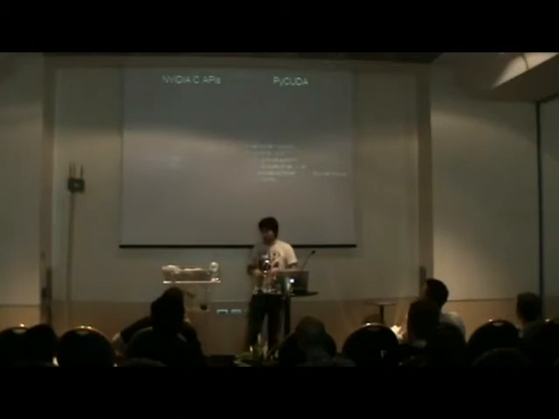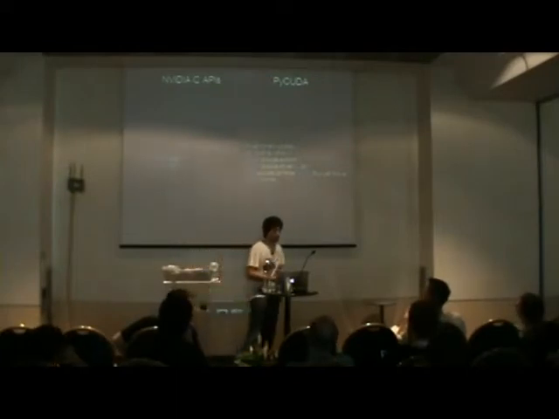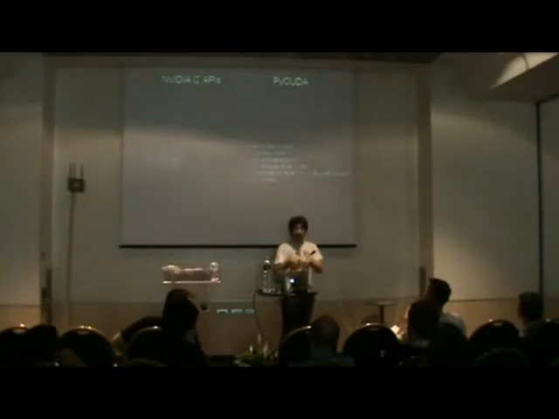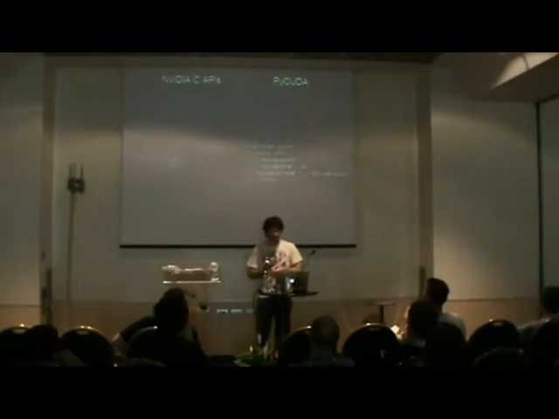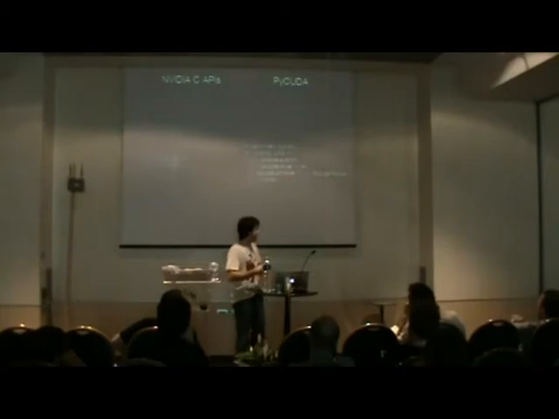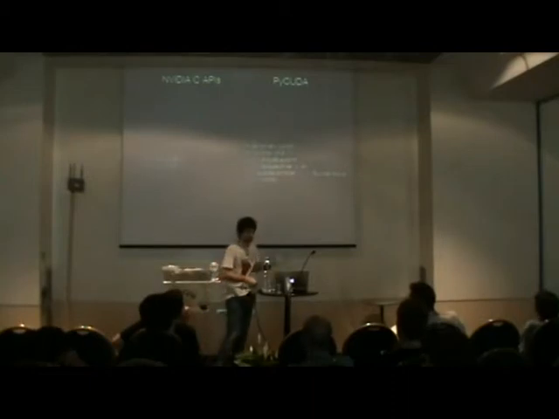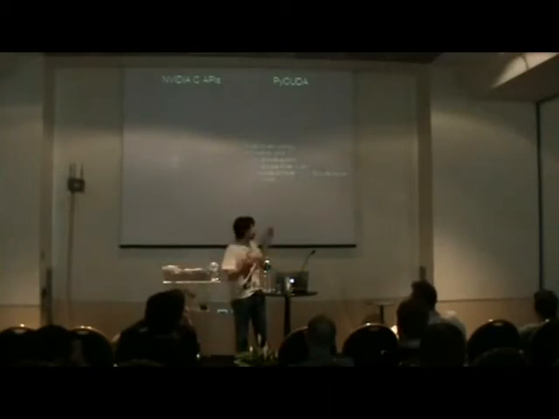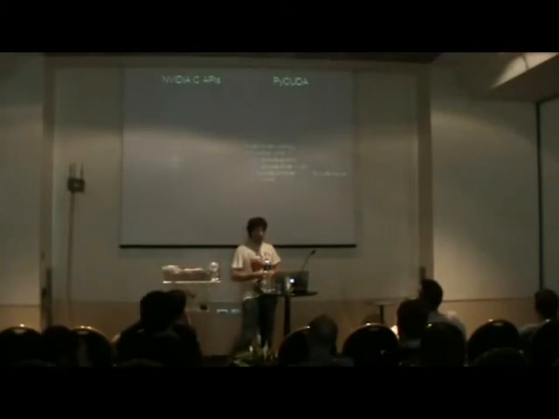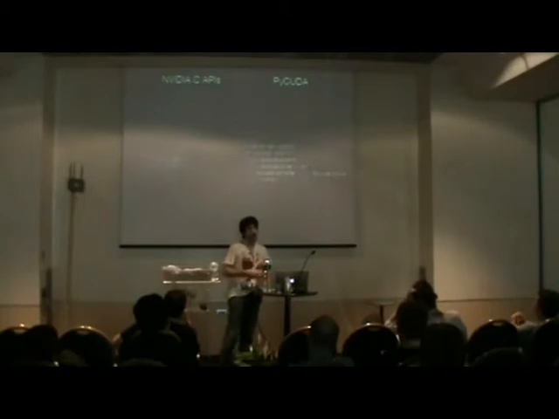The first part is dedicated to the includes and the imports. In the NVIDIA C API program, we just need to include the cuda.h header to write our CUDA programs. In the PyCUDA programs, we have to import some modules. The first is pycuda.autoinit, which performs all the operations needed to execute code on your CUDA device. Then we import the PyCUDA driver, which contains a lot of functions needed to write our program.